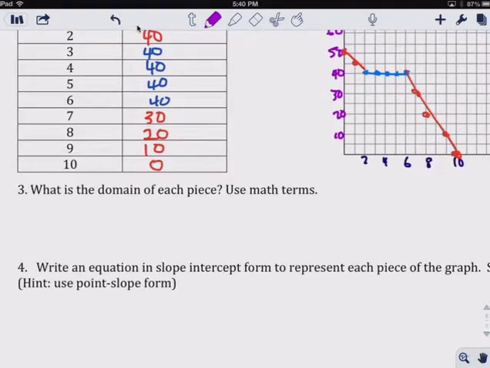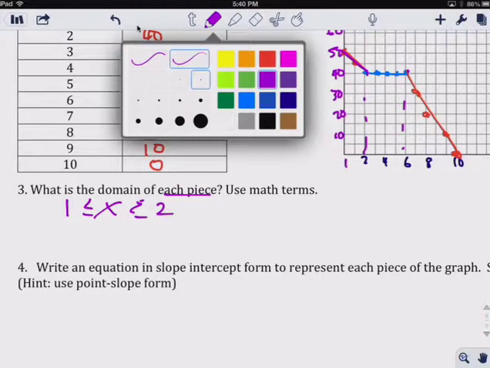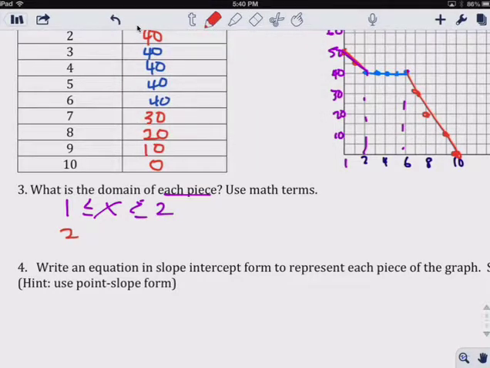Domain of that piece is 1 to 2. So 1 is less than or equal to x less than or equal to 2. The other one is 2 to 6. So 2 is less than x less than or equal to 6. And then it's 6 to 10.